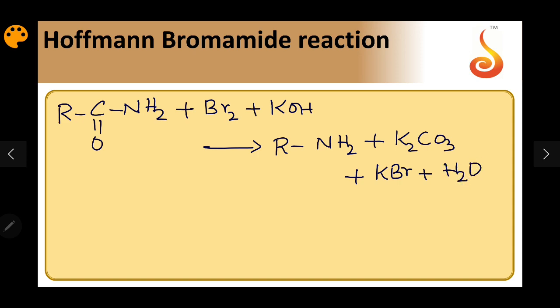So this is called a degradation reaction, because one carbon atom is decreased from reactant to product. That's why it is called a degradation reaction. So this involves one of the important rearrangements called the Hoffmann rearrangement.